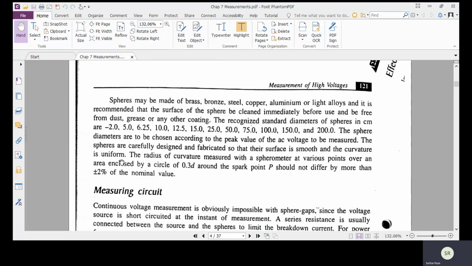As the sphere is the backbone of the measurement in this experiment, very many precautionary measures are needed with respect to the sphere. The radius of curvature measured with a spherometer at various points over an area enclosed by a circle of 0.3D above the spark point P should not differ by more than plus or minus 2% of the nominal value. So here it gives the acceptable limitations in the measurement.